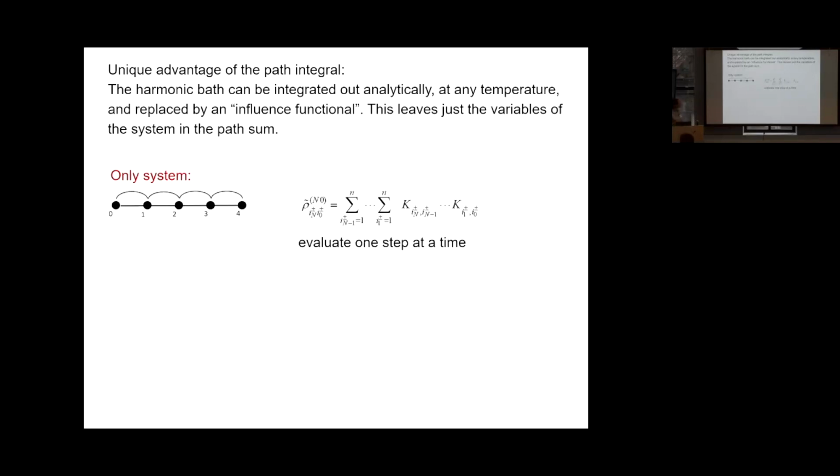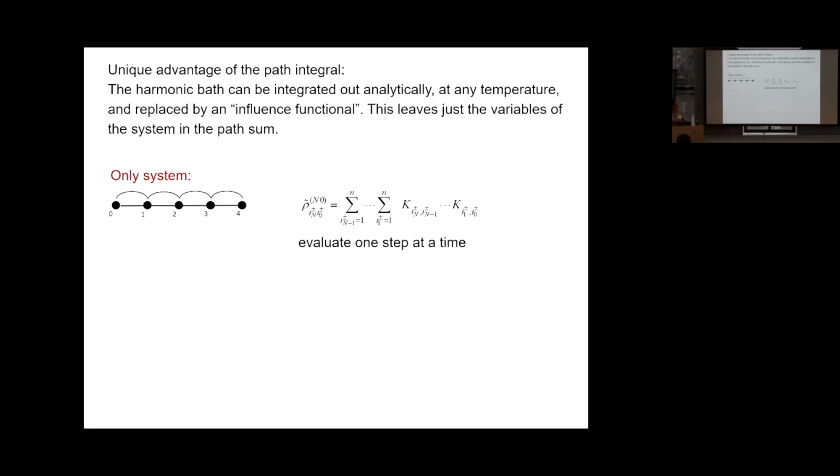And if I'm going to use these diagrams, if I had only the system, an isolated system, then here I'm drawing the path integral variables as black dots, and these connections are the connections that the quantum mechanical propagators give in the expression.